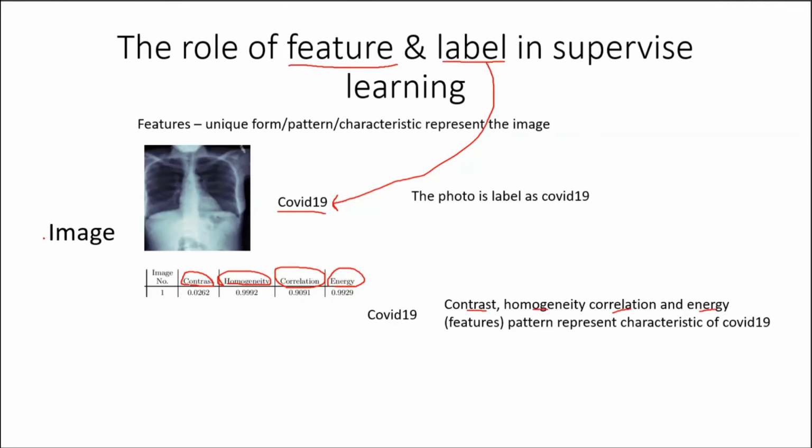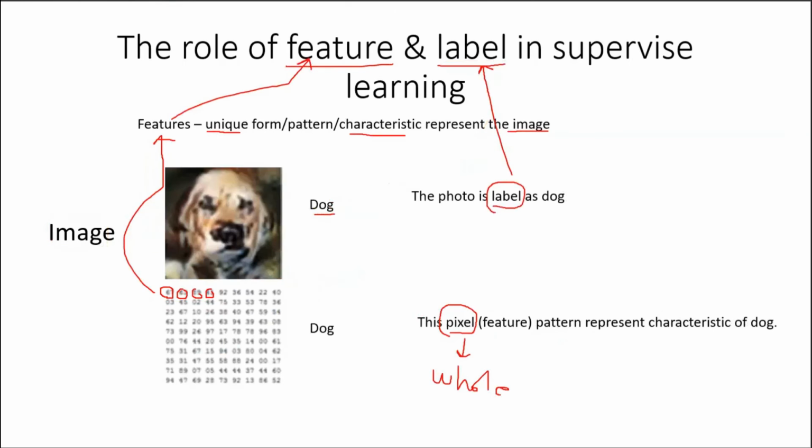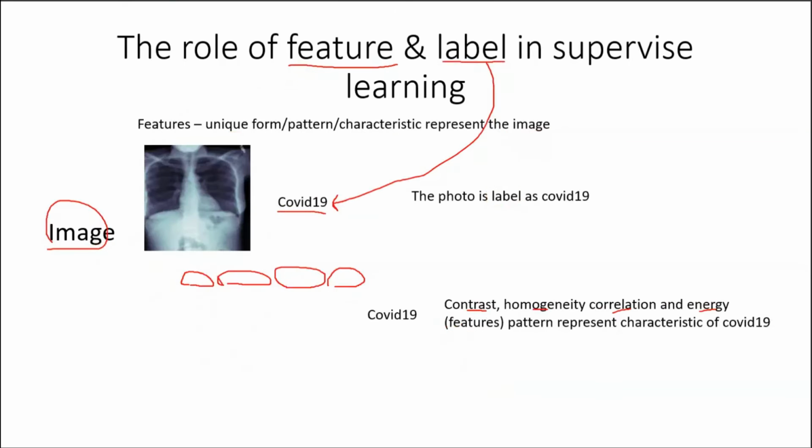This is the image. So image features can be contrast, homogeneity, correlation, energy, or another one which we call the pixel. The image features can be pixels. The image features can also be contrast, homogeneity, correlation, and energy. So you've got two options for the image features.